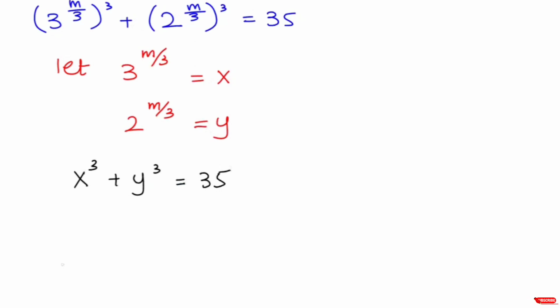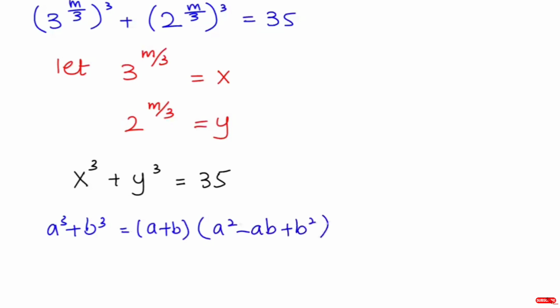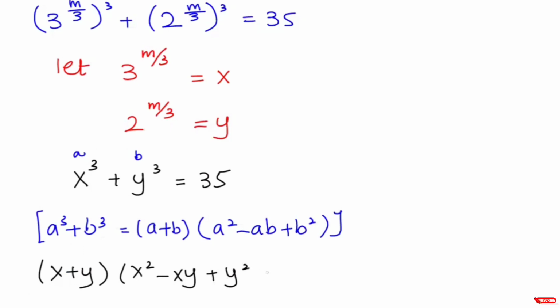Now I'm going to apply the algebraic identity that a cubed plus b cubed can be written as (a plus b)(a squared minus ab plus b squared). So this is our a and this is our b value. So I'm going to write (x plus y)(x squared minus xy plus y squared) is equal to 35.